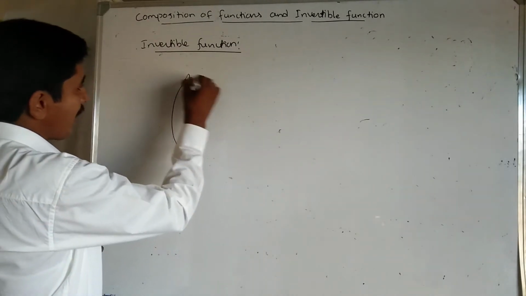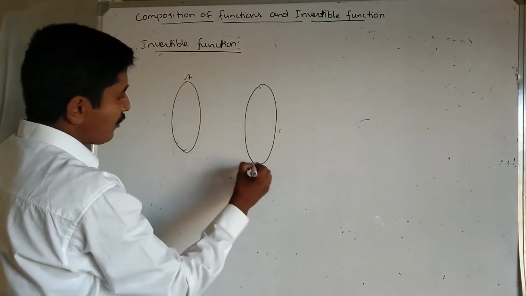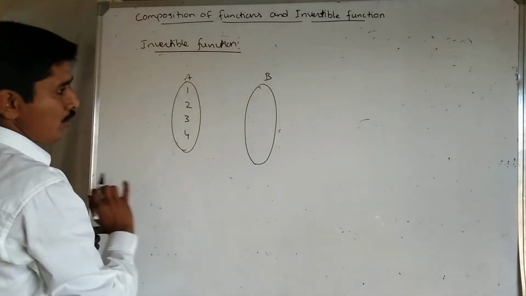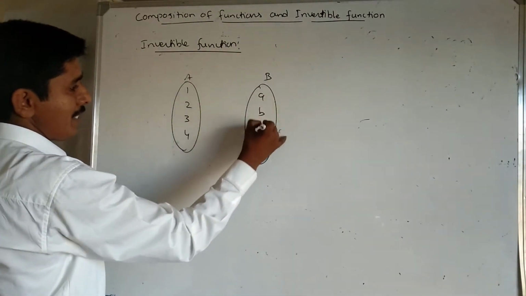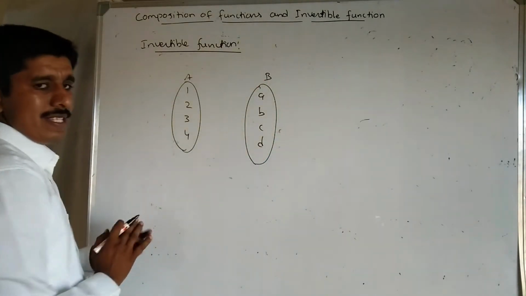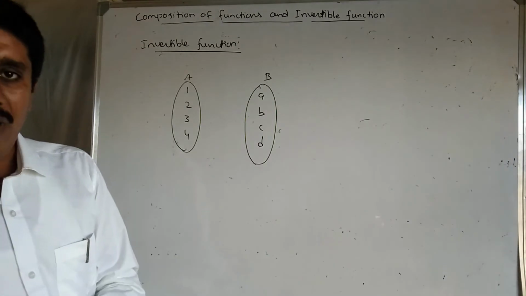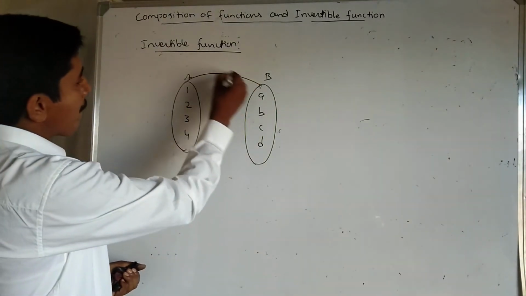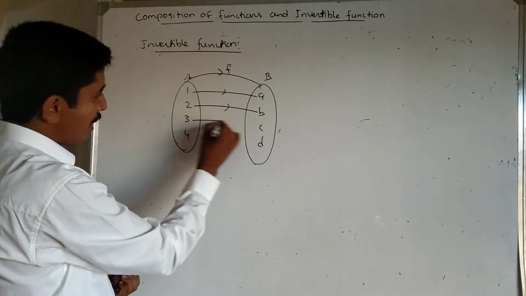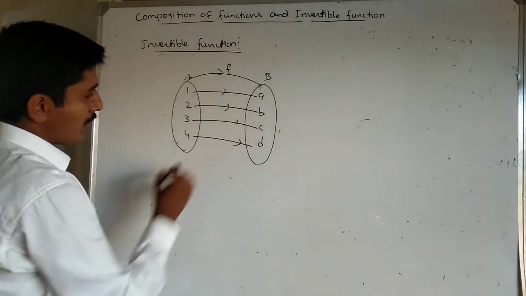For example, this is set A, this is set B. Set A has 4 elements 1, 2, 3, 4. Set B has elements a, b, c, d. Set A contains 4 elements, set B contains 4 elements, then a bijective function can be defined. 1 maps to a, 2 maps to b, 3 maps to c, 4 maps to d.